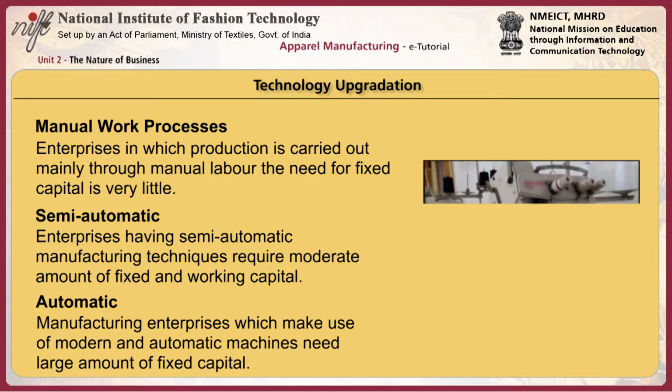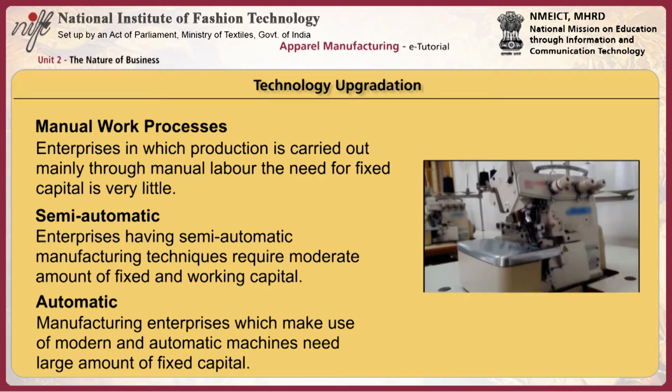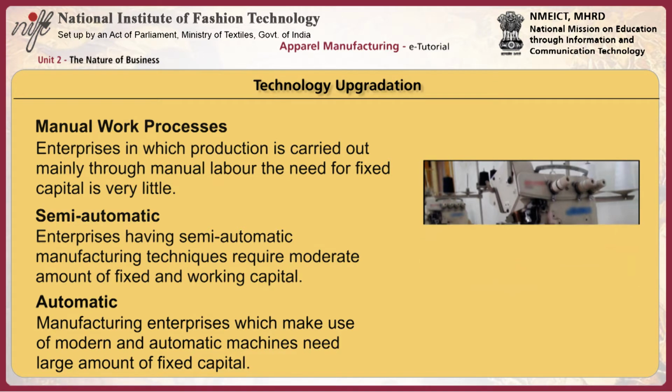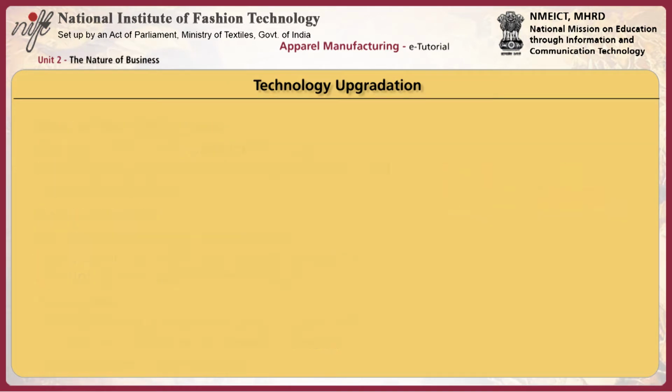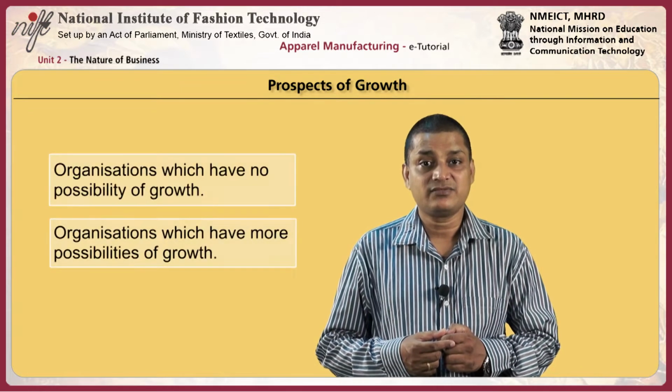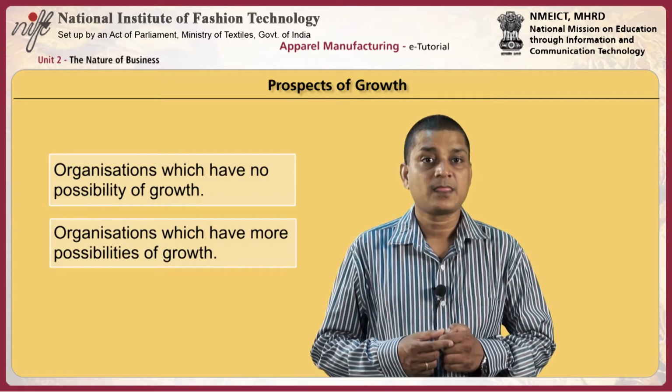There are some businesses where the fixed capital used requires immediate change. These days computer technology is undergoing rapid changes. There are companies whose business is computer based, which need more fixed capital. There are two types of organizations from the point of view of growth.